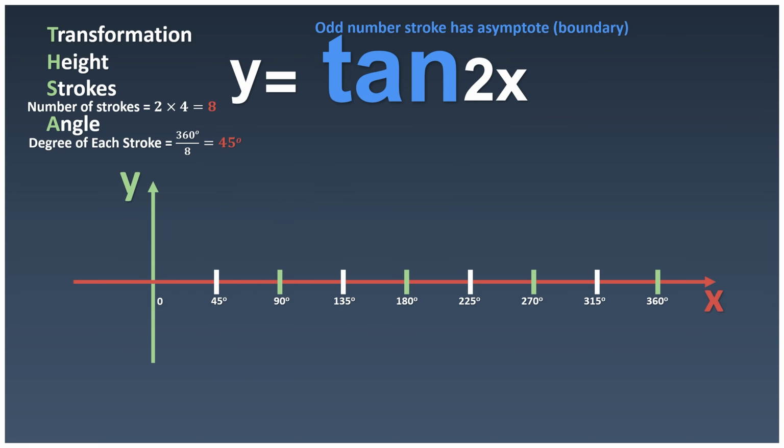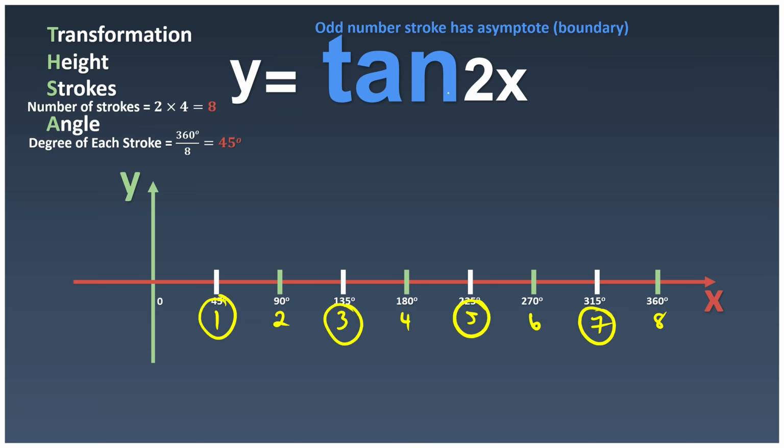Or you can think of it like every odd number stroke has an asymptote, which is the no-go zone. It means we can go very near, but we cannot touch the line. So odd number strokes, as in, this is the first stroke, number 1, 2, 3, 4, 5, 6, 7, and 8. Odd numbers as in 1, 3, 5, 7.